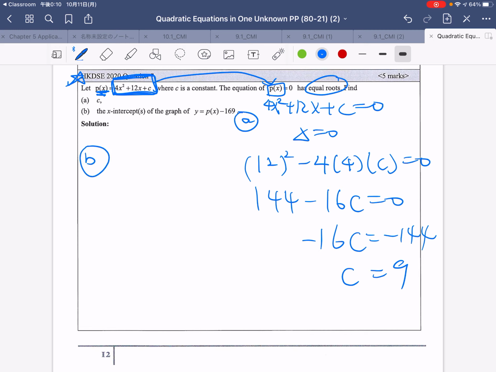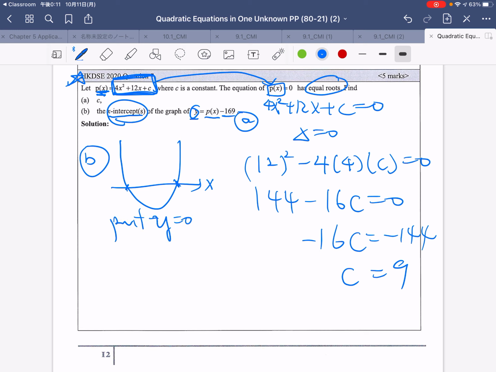For part B, we want you to find the x-intercepts of the graph when y equals P(x) minus 169. Because you need to find the x-intercept, that means it cuts the x-axis and the y-coordinate is 0. So you put y equals 0, and substitute P(x): 4x squared plus 12x plus 9 minus 169 equals 0.